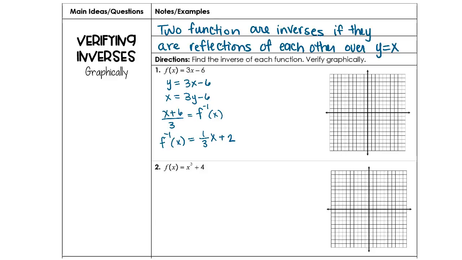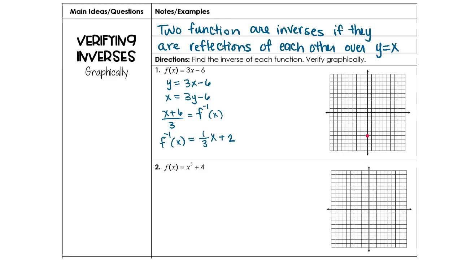So now we're going to graph both of these lines. So the first line, let's go ahead and graph our original line. And I'm going to put that graph in a different color. Let's put that in red. So that first line that we have, 3x minus 6. So minus 6, that's going to be our y-intercept. So we're going to move down to -6. And then we're going to count off our slope. And our slope is the coefficient of x, so it's going to be 3/1.